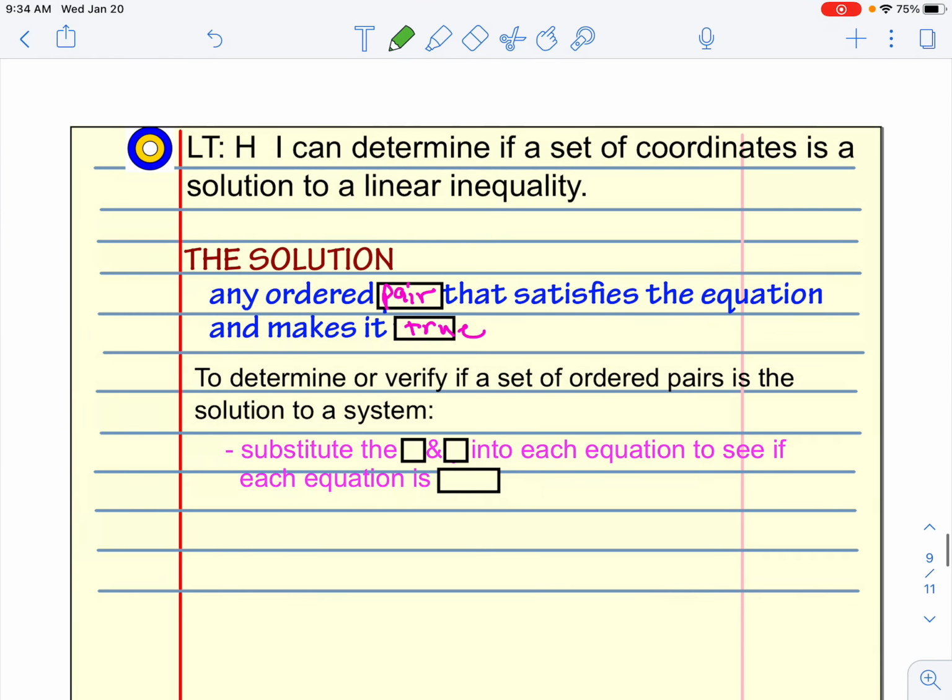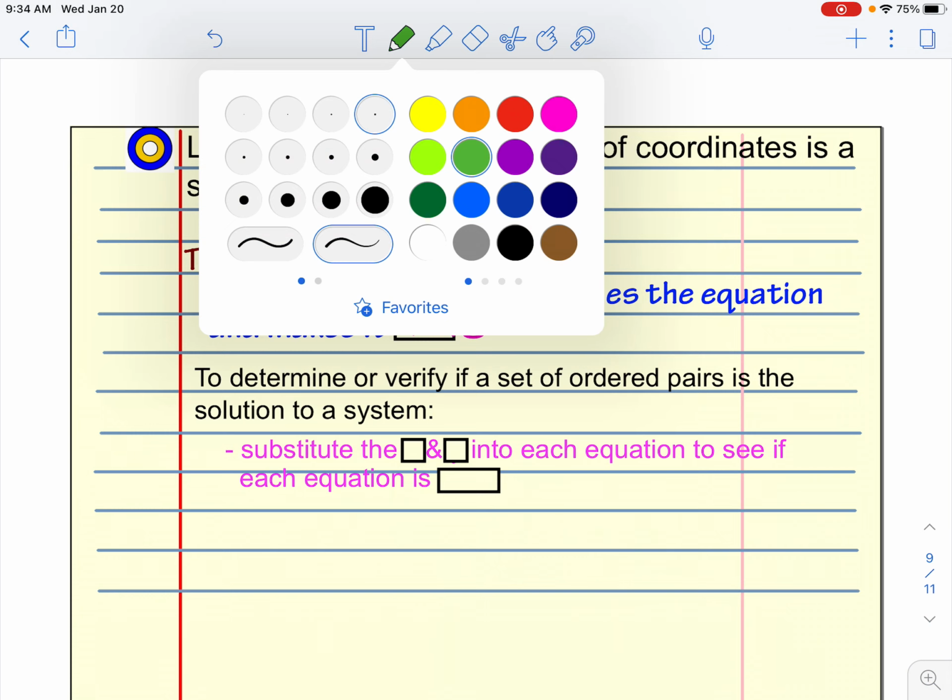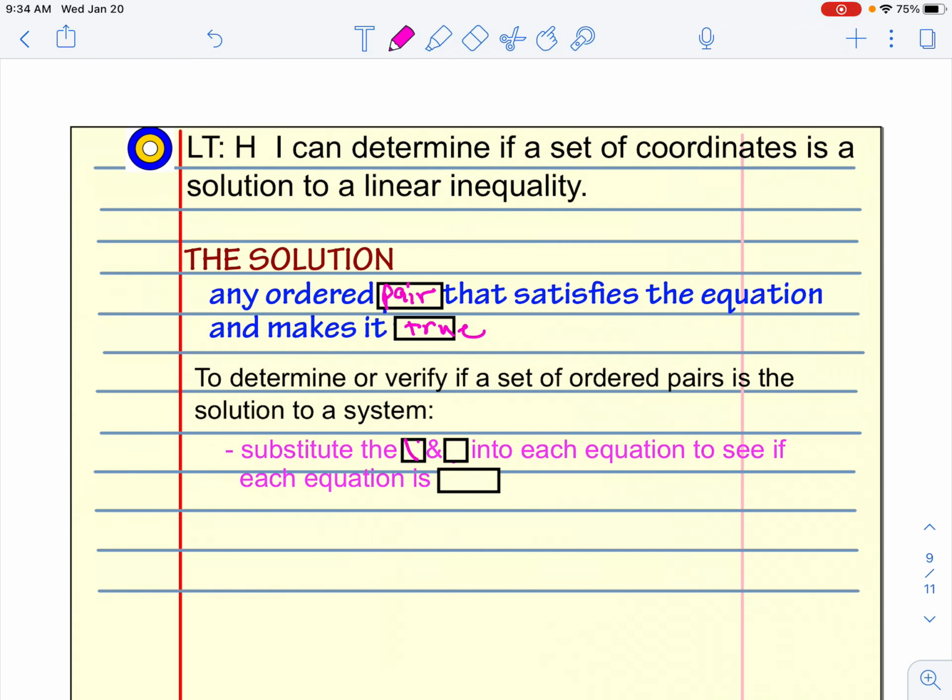There's lots of ordered pairs that actually make that equation true and are solutions. So in this case, to determine, what we're going to do is just substitute the x and y values. So substitute the x and y into each equation to see if each equation is true. They both have to be true, this is for a system.